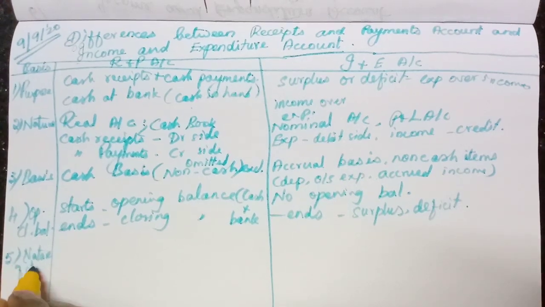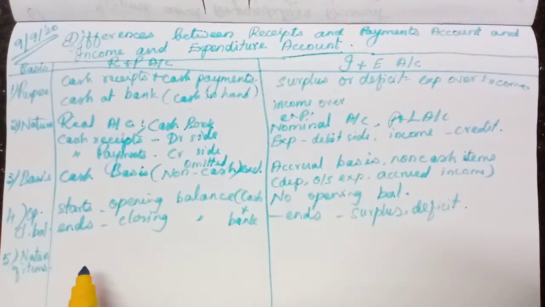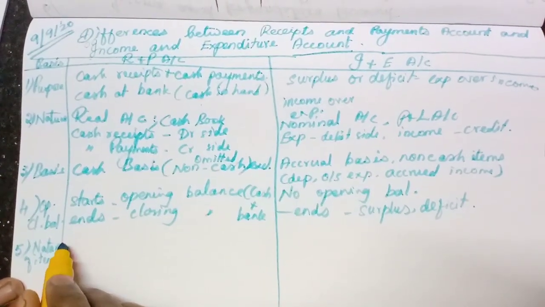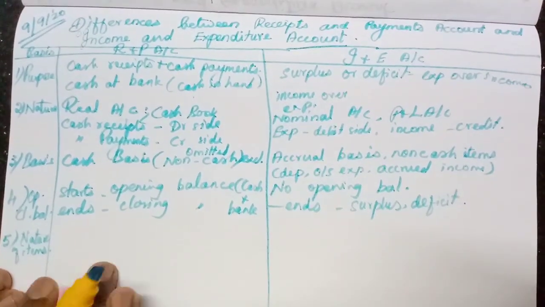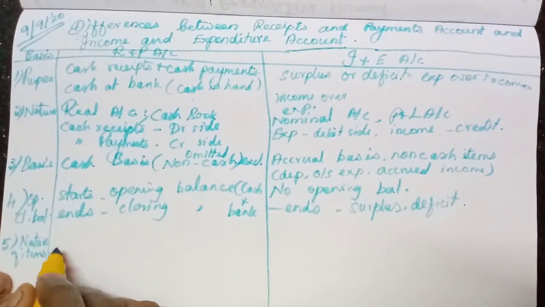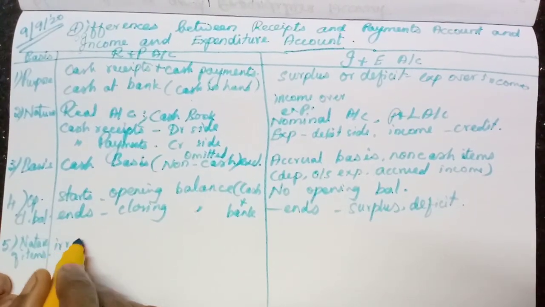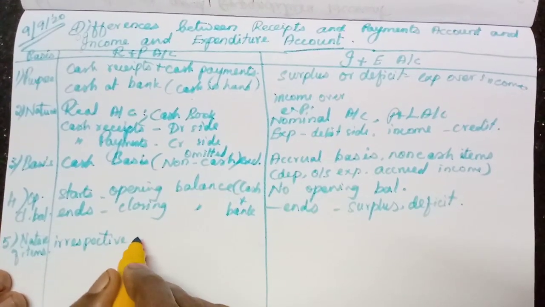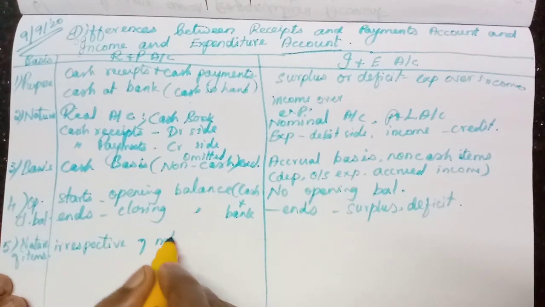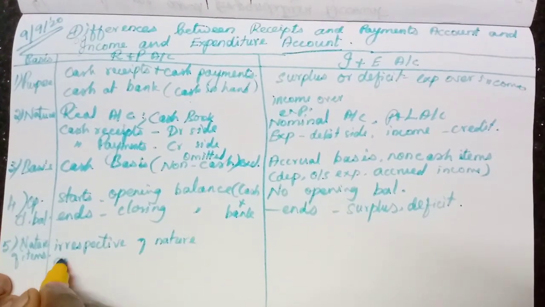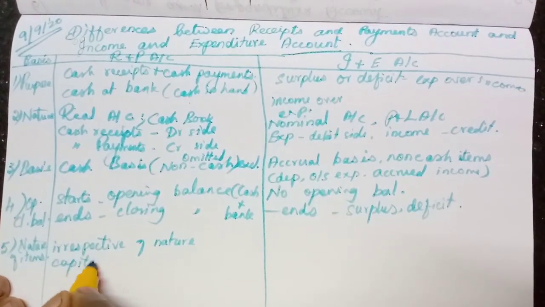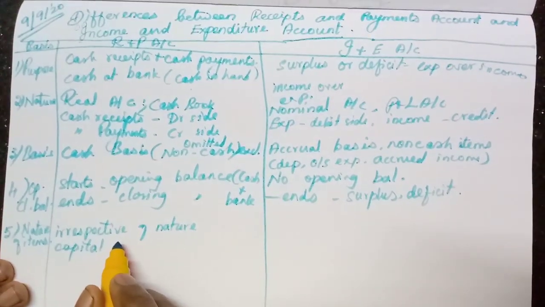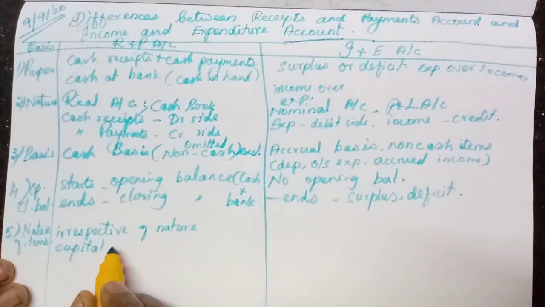Nature of items. Here, all the receipts, actual receipts and actual payments are entered irrespective of the nature. We never worry about the nature of the items. What is the nature? Either it is capital or revenue. Capital receipts or capital payments or then revenue receipts and revenue payments.